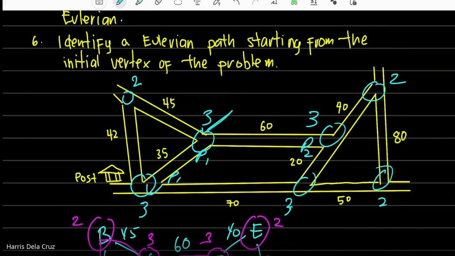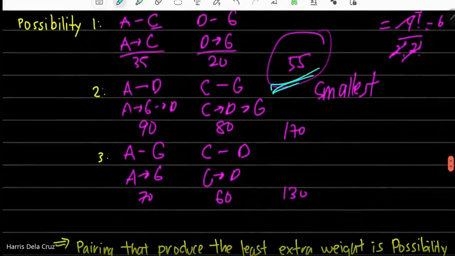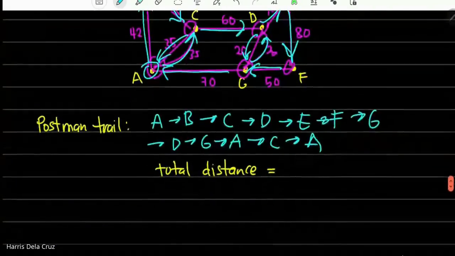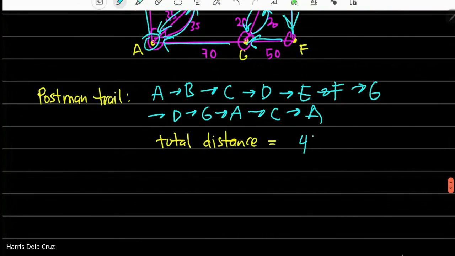So, let's double check kung tama yung pagkaka-add ko. 492. Tama ba? 492. Alright. So, plus the additional 55, so the total weight will be 492 plus 55. So that gives us 547 unit of measurement. Kung ano man yung unit of measurement na ginagamit.